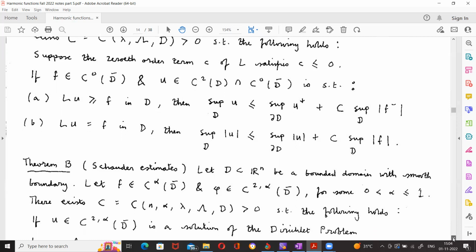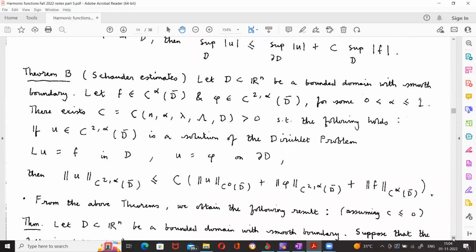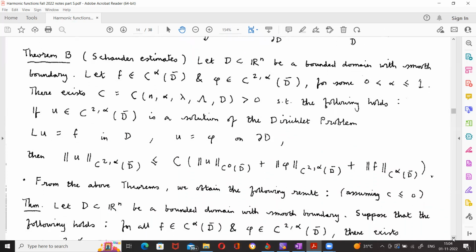And then the main estimates, which will allow us to use the Banach spaces, the Holder spaces, are what are called Schauder estimates. So here we need a domain with smooth boundary. Let D be a bounded domain with smooth boundary, and let f be in C alpha of D closure, and let phi be in C2 alpha of D closure, where alpha is fixed between 0 and 1.